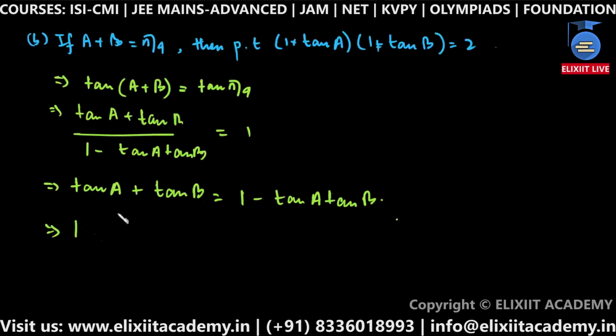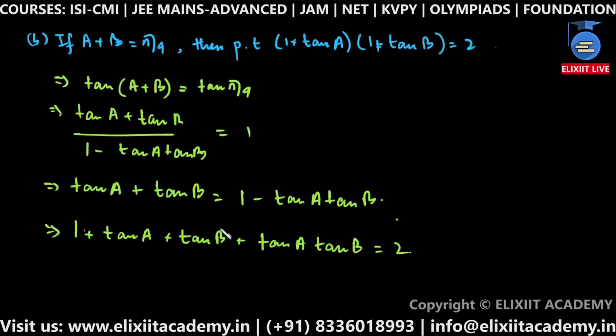What I'm trying to say is, you write this as 1 plus tan A plus tan B plus tan A tan B. Okay, and since we are taking one extra 1 on the left hand side, add 1 on the right hand side. This becomes 2. Simply adding 1 on both sides to balance that. The right hand side becomes 2.